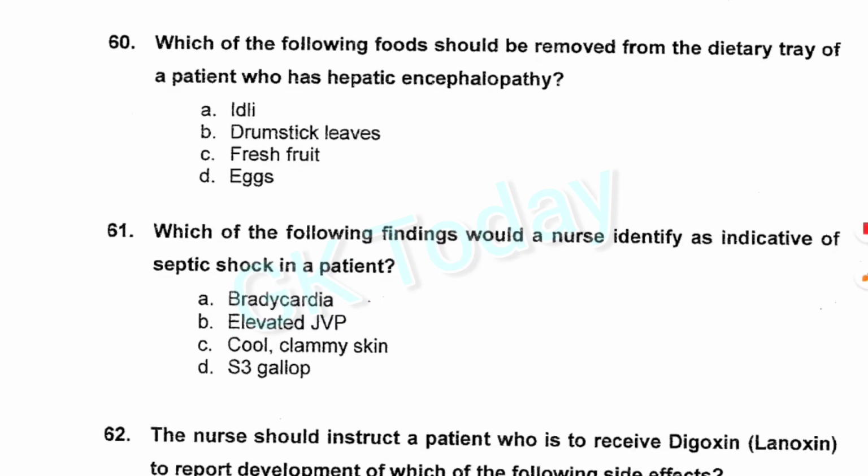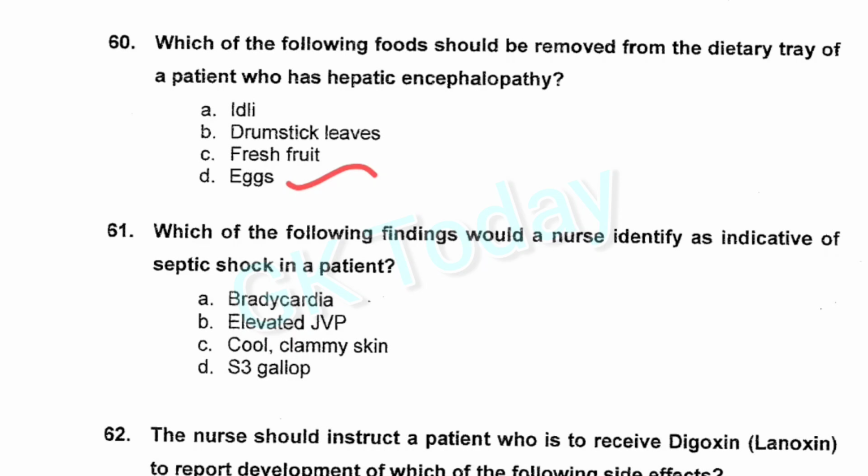Next, question number 60. Which of the following foods should be removed from the dietary tray of a patient who has hepatic encephalopathy? Correct answer is option D. 61. Which of the following findings would a nurse identify as indicative of septic shock in a patient?